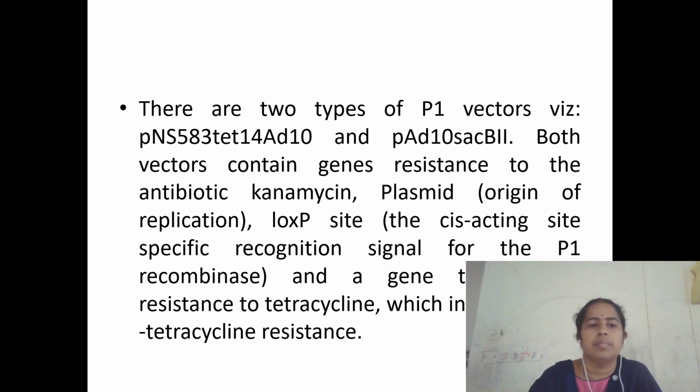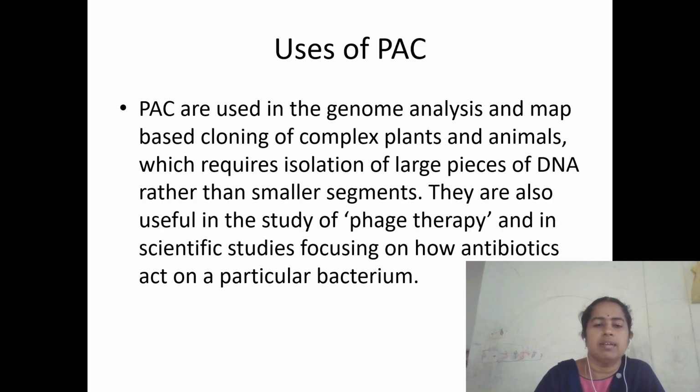There are two types of P1 vectors, that is pNS582tet14-Ad10 and pAd10sacBII. Both these vectors contain genes of resistance like the antibiotic kanamycin, the plasmid's origin of replication, a loxP site, the cis-acting site-specific recognition signal for the Cre recombinase, and a gene that shows resistance to tetracycline, which inserts cloned tetracycline resistance.